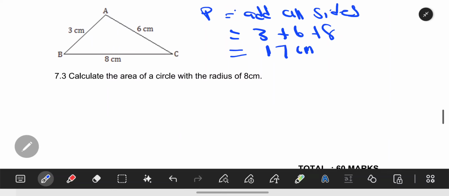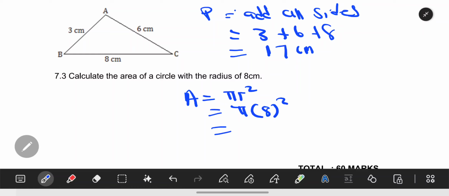And calculate the area of a circle with a radius of 8 centimeters. We know that the area of a circle is given by pi r squared. So we are going to have pi times 8 squared.